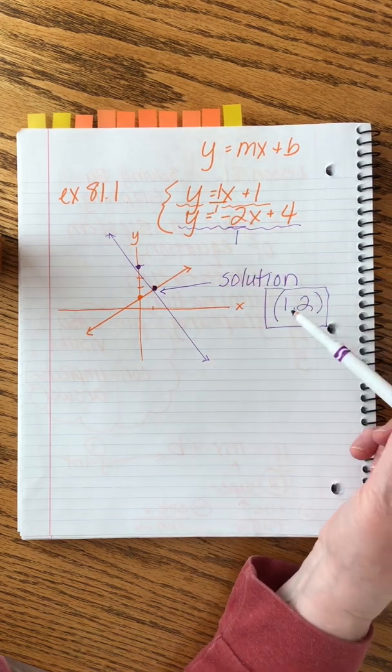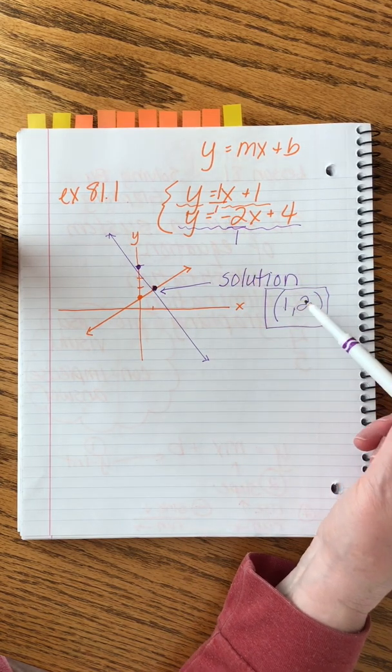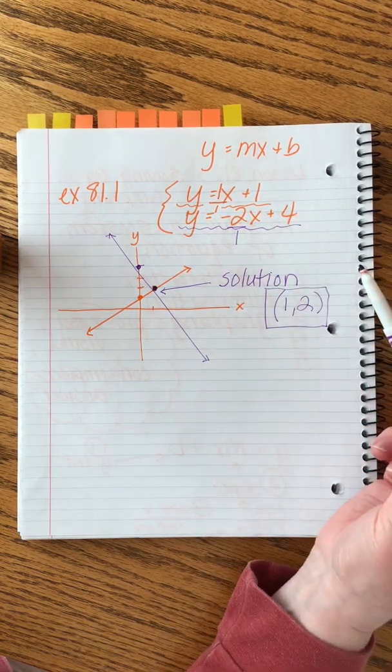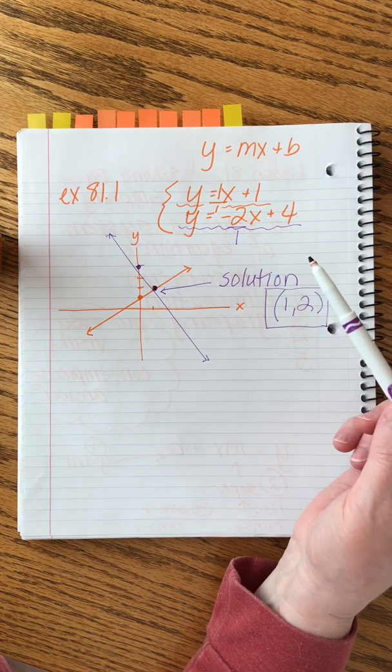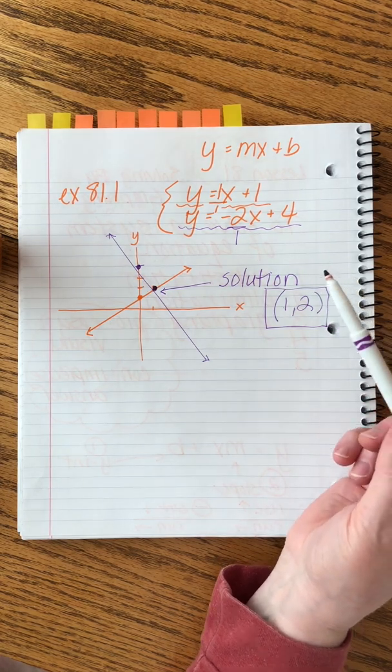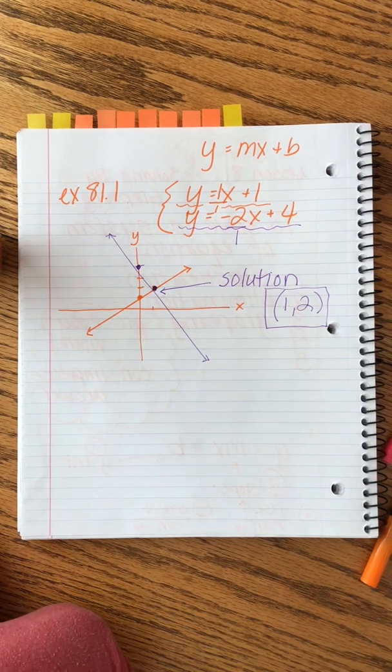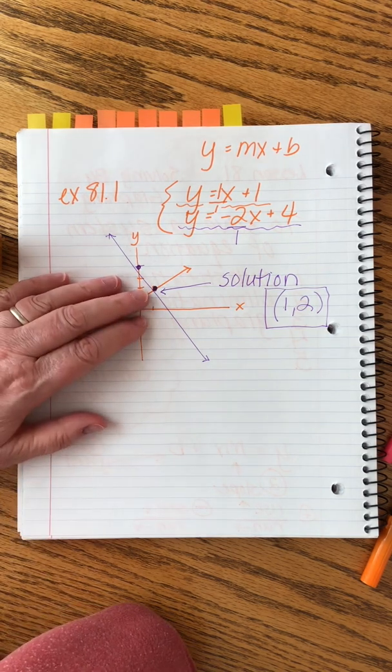And if we wanted to, we could plug x equals 1, y equals 2 into both of these, and they would both come true. It would be a beautiful thing. So that's really lovely. We get the clean visual.